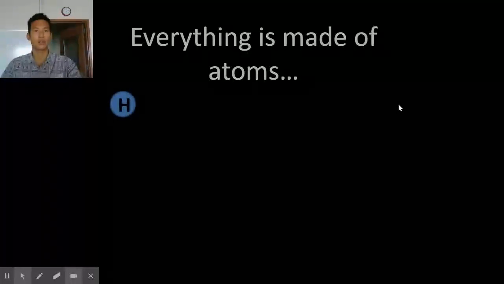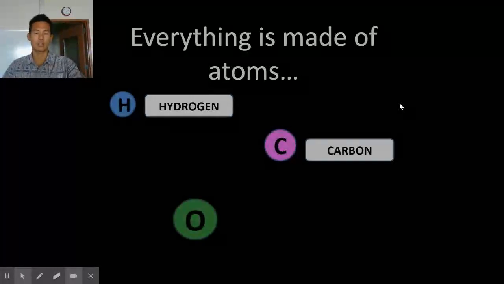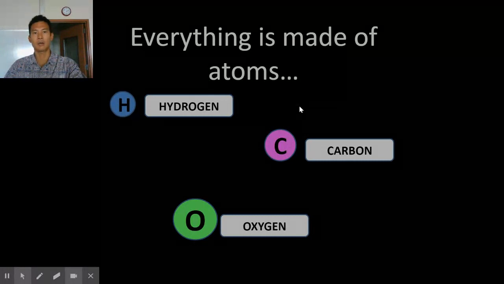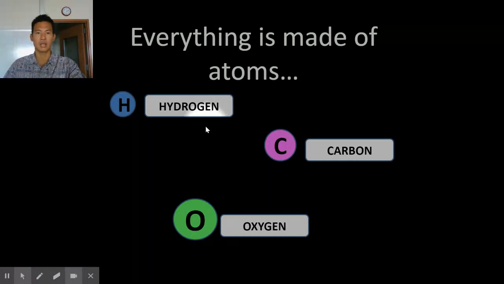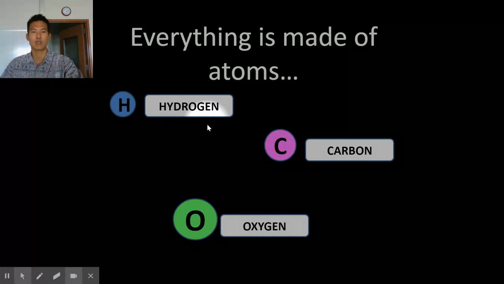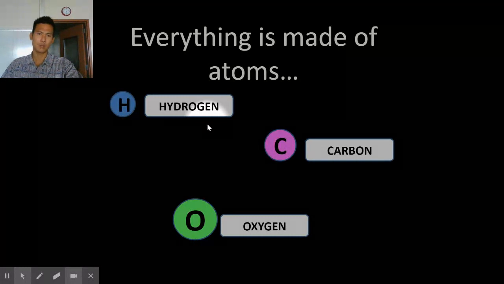You learned that there are different kinds of atoms known as your elements, like your hydrogen, carbon, and oxygen elements. And they differ by the amount of subatomic particles they possess: your protons, which are positively charged, your electrons, which are negatively charged, and your neutrons, which have no charge, okay?